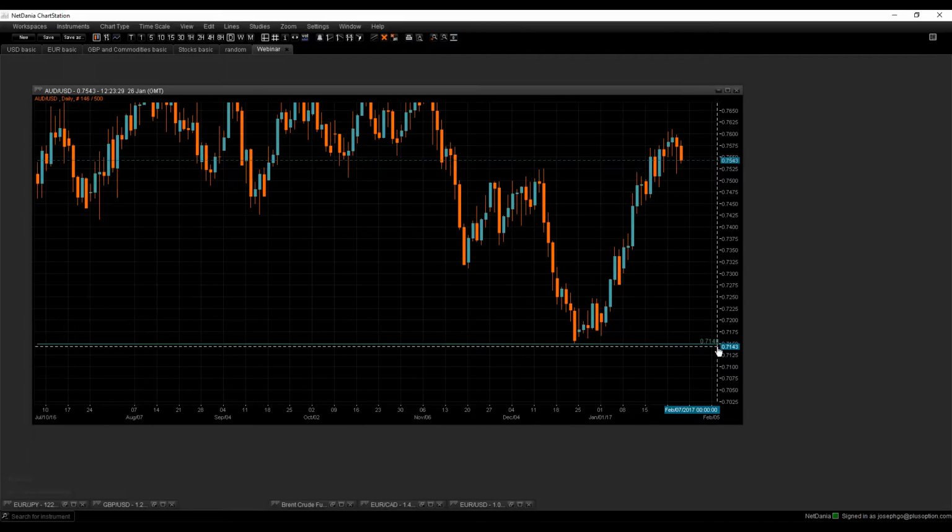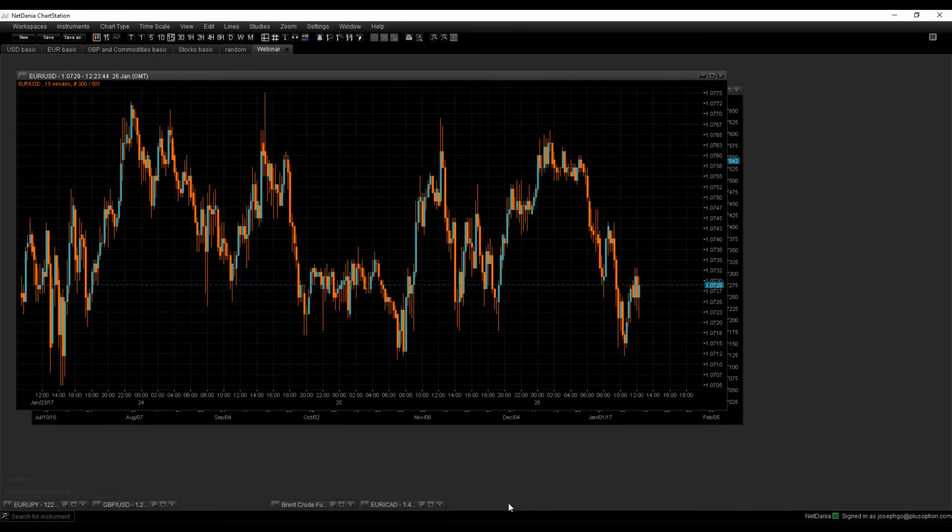Overbought, we can think of as overpriced. It's not exactly the same thing, but for our intents and purposes, it will help us. And oversold, we can think of as underpriced. Once again, it's not exactly the same, but we will use that for our example.